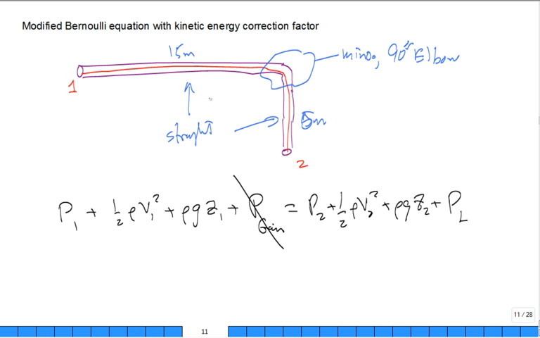So you have a total of 20 meters of straight run with 1 elbow. And so the pressure loss will be the friction factor, times the total length of the straight runs divided by diameter, times 1/2 rho V squared. And then it also is the loss coefficient for that elbow, times 1/2 rho V squared.